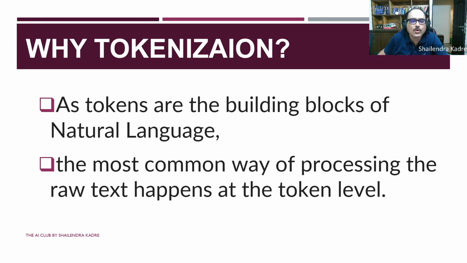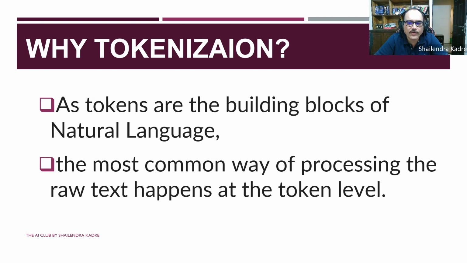Then why do we do tokenization? I think that is also understood. Tokens are the building blocks of natural language, the most basic building blocks. Like while building our house, the minimum block which we have is a brick. A brick is the most basic block, right? So like that, a word is a building block for a natural language.